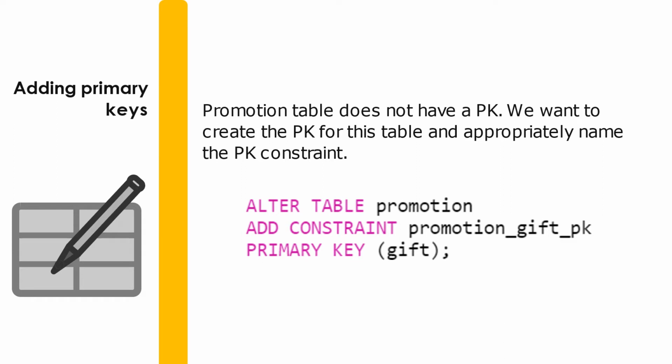We start with the alter table keyword, the name of our table, add constraint, the name of our constraint, and then the type of constraint that we're going to add, which is primary key, and then the column to which we're adding the primary key.